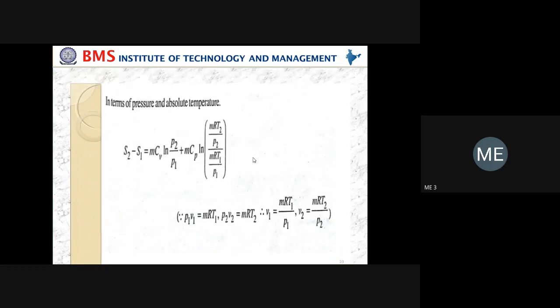So what you are going to do? You can take this equation only: S2 minus S1 equals mCv ln P2 by P1 plus mCp ln V2 by V1.